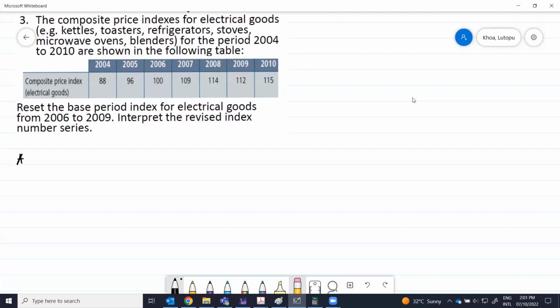So our adjustment factor: this is 100, and then you will divide it by the index of the year that you want to change the base period to. So we want to change it to 2009. So I'll say 100 divided by 112.